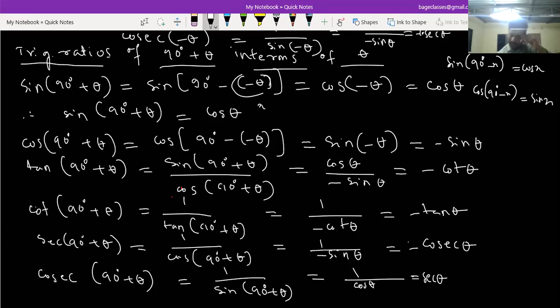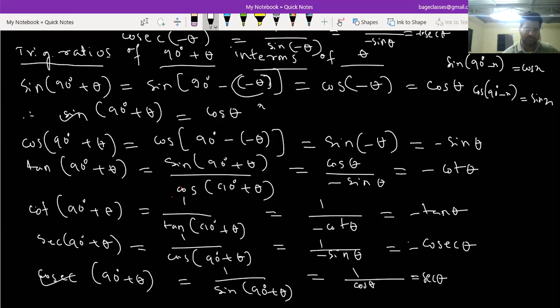Here, 90 plus theta belongs to which quadrant? Second quadrant. So already we know that in the second quadrant, sine and cosec are positive. Sine is positive and cosec also we got positive. Remaining functions are negative: cos is minus, tan also negative, cot negative, sec negative.